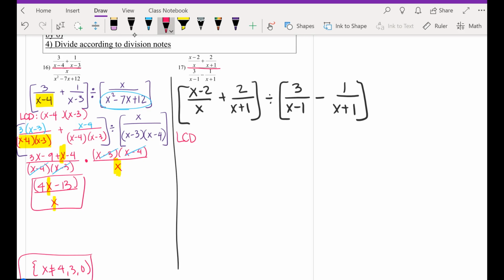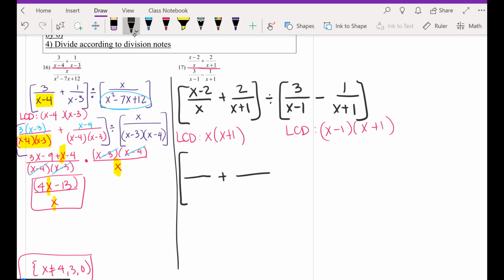LCD for this first set of bracket is what? X times the quantity of x plus 1. Beautiful. Then LCD for this second set of bracket is? Good. Then slowly and cautiously, I'm going to go back into each bracket.